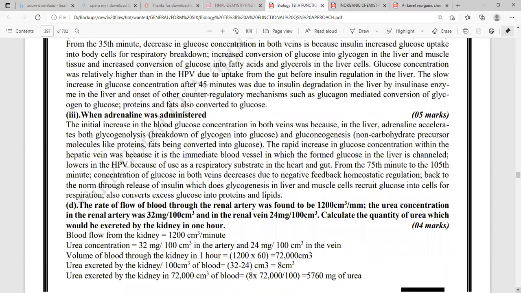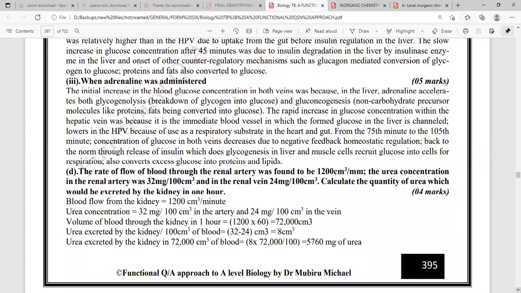Then you are also required to calculate the quantity of urea which would be excreted by the kidney in 1 hour, if the rate of flow of blood through the renal artery was found to be 1,200 centimeters cubed per minute, the urea concentration in the renal artery was 32 milligrams per 100 centimeters cubed, and in the renal vein, it was found to be 24 milligrams per 100 centimeters cubed.